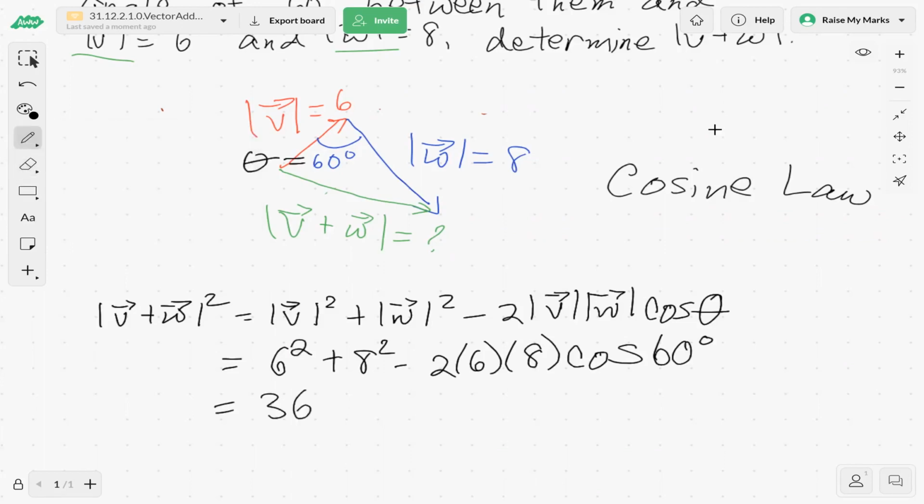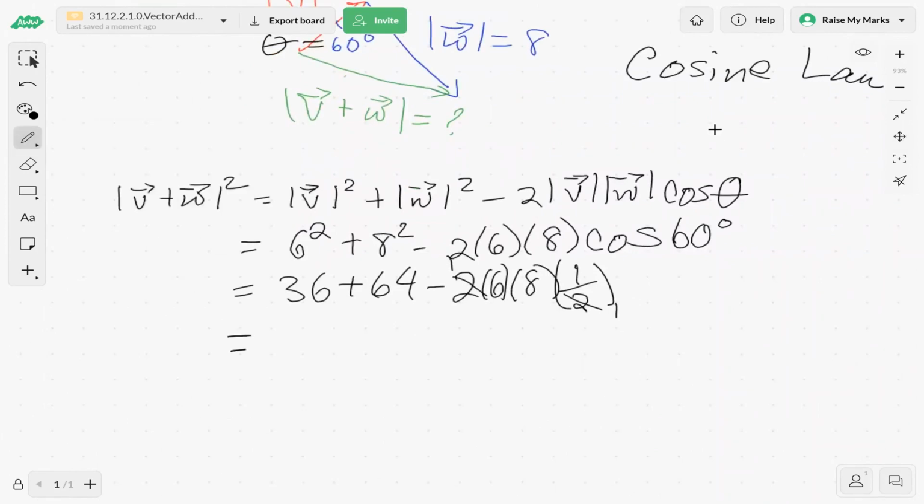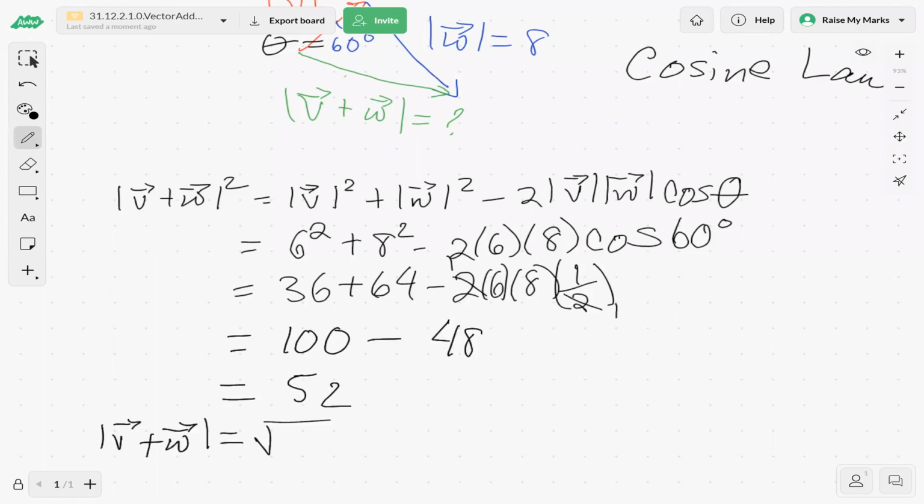We get 36 plus 64 minus 2 times 6 times 8, and cosine of 60 is a half, so these twos cancel out. 64 plus 36 is 100, minus 6 times 8, which is 48. What's that? 52. The magnitude of v plus w is the positive square root of 52.